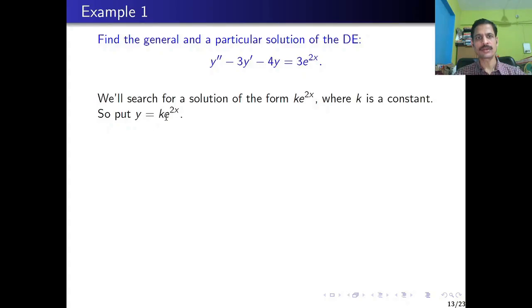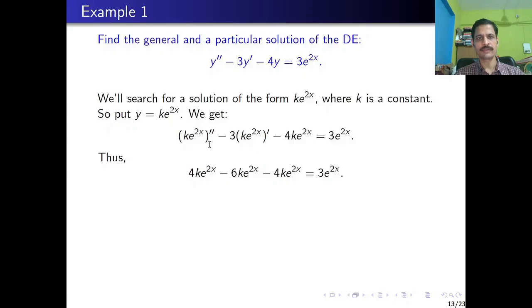So put y is equal to k e raised to 2x. We substitute it in this ODE as written here. The double derivative will be 4k e raised to 2x.